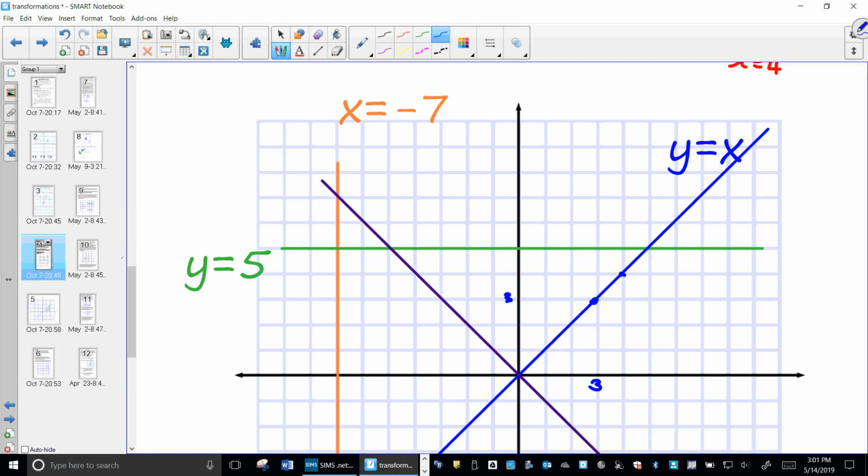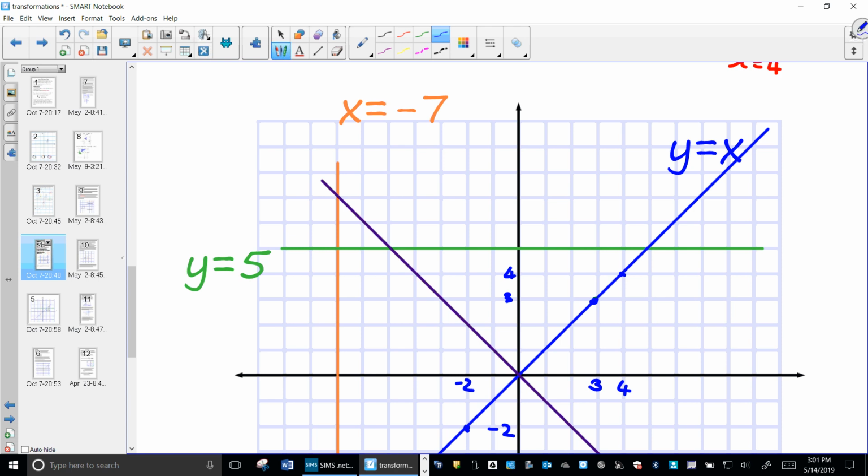This coordinate would be 4, 4. This coordinate would be -2, -2. What can we see about the x and the y part of the coordinates? They're the same, aren't they? So the x part of my coordinate is the same as my y part.